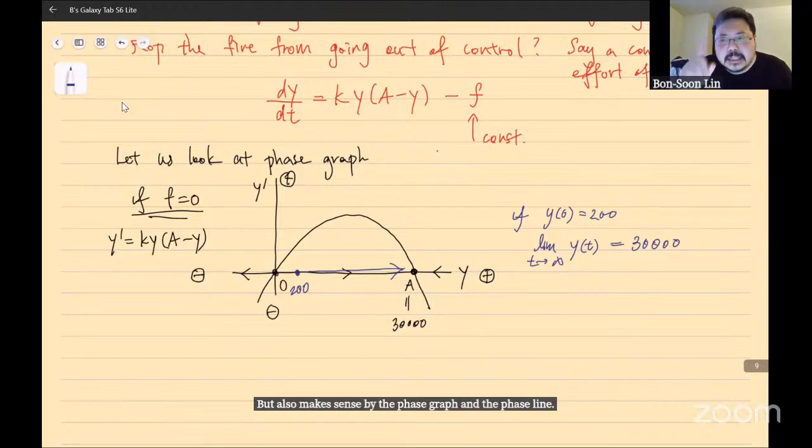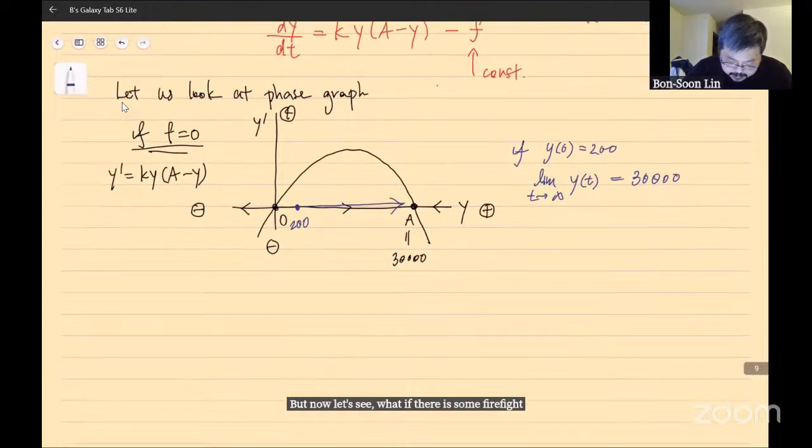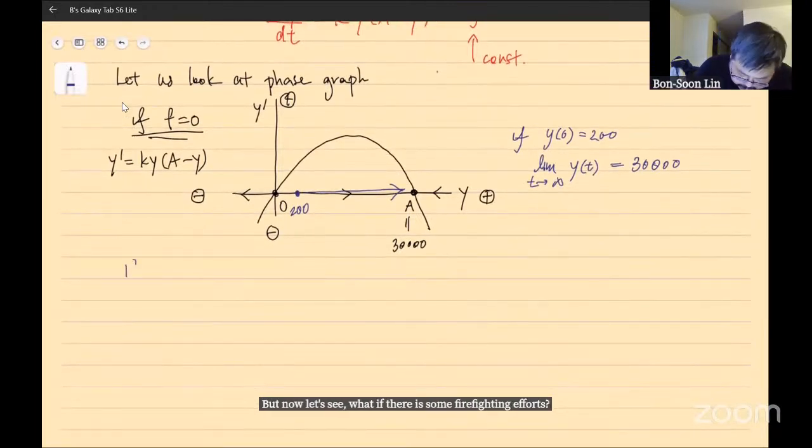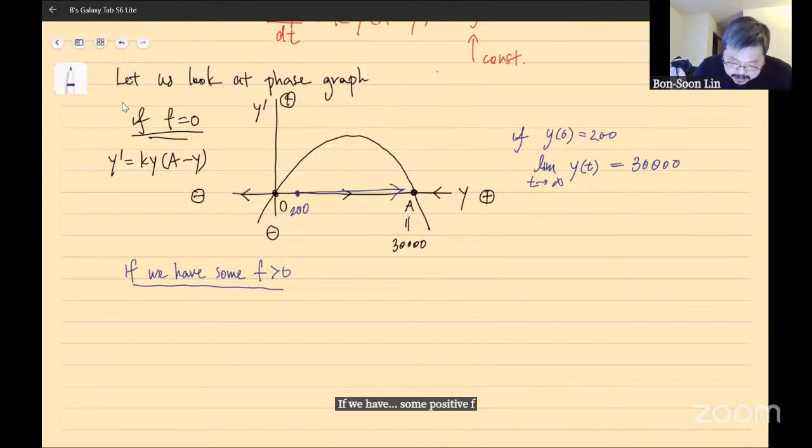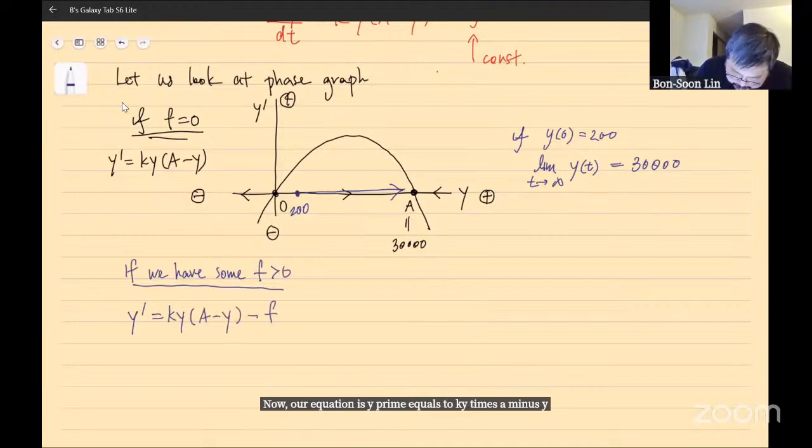But now let's see, what if there is some firefighting efforts? If we have some positive f. Now, our equation is y prime equals ky times (a minus y) minus f.